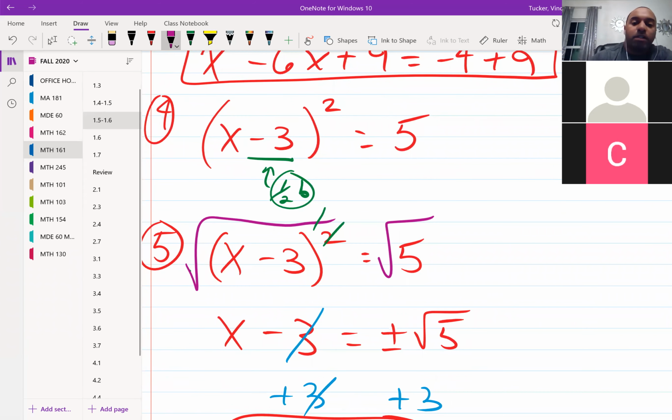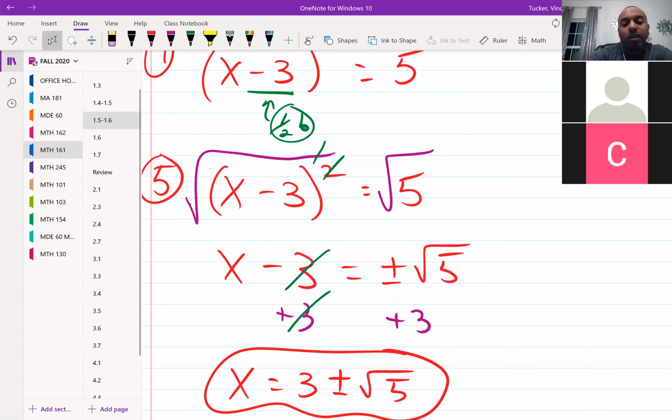All right. Then we would have x minus 3 equal to plus or minus square root of 5. So now we will add 3 to both sides. And our result is 3 plus or minus square root of 5.